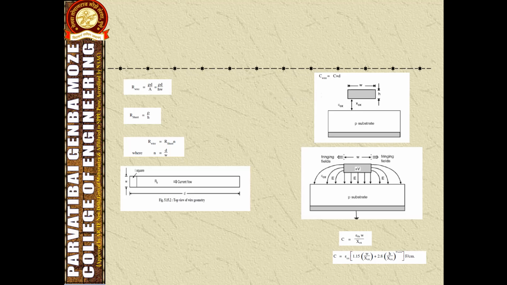The total wire capacitance is given by C wire equal to C into D. The expression for C is given by C equal to epsilon. Here, this is the equation for the C.